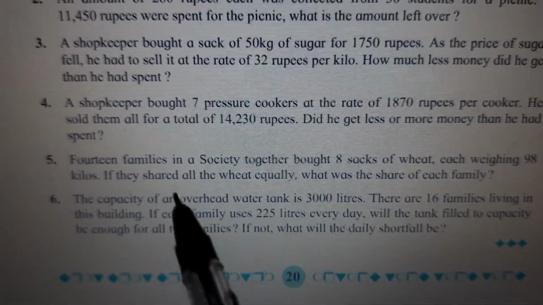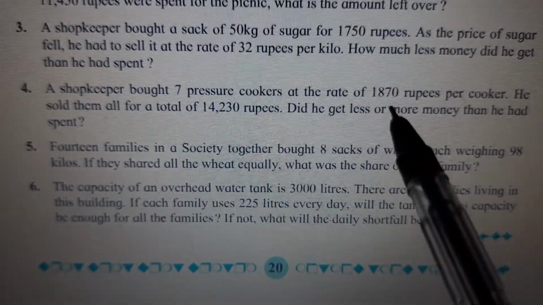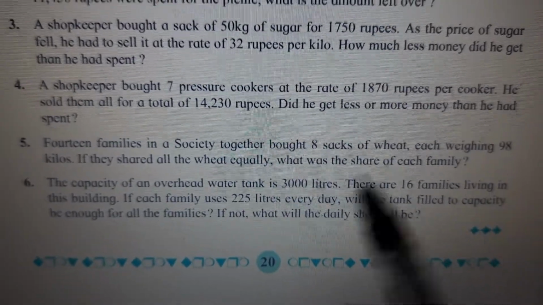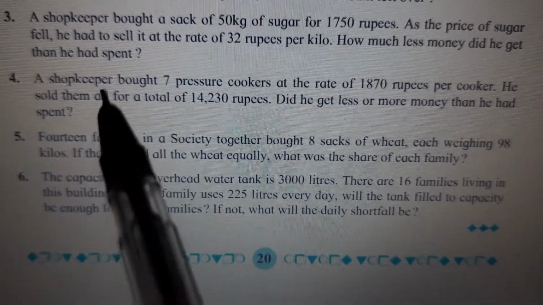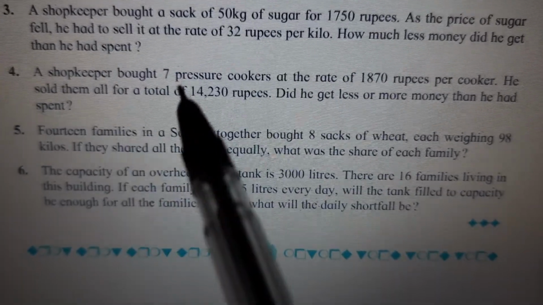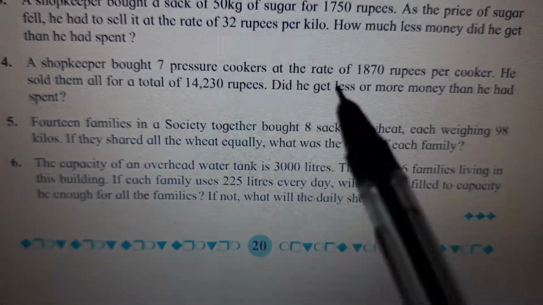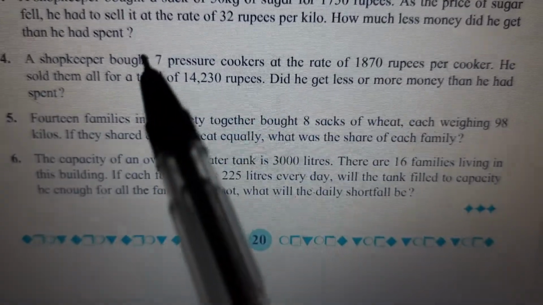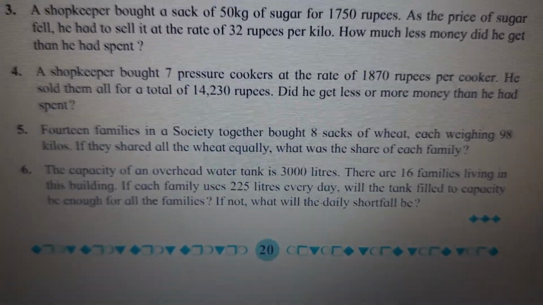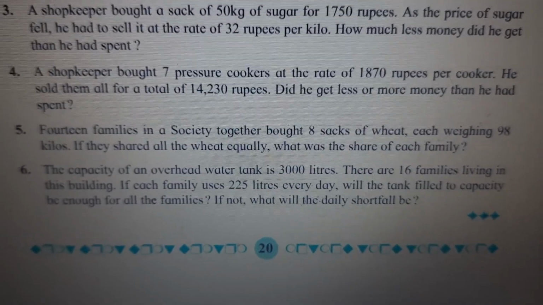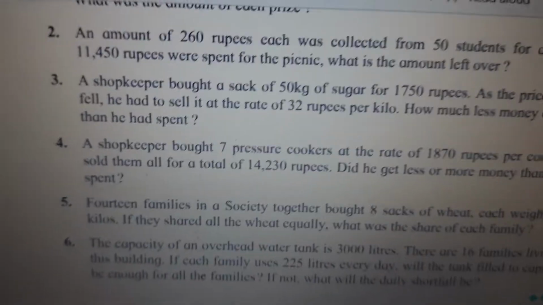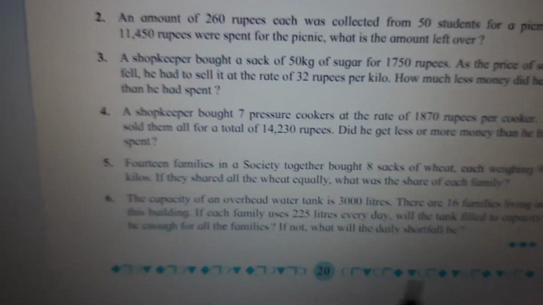Now here, a shopkeeper bought 7 pressure cookers at the rate of 1870 rupees per cooker. So first you will find out the total amount. Sorry, children, we'll start again.